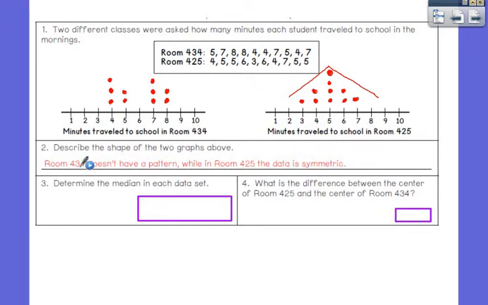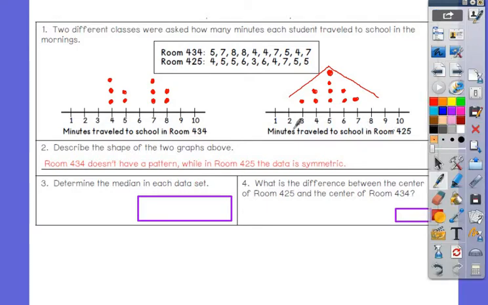Number 3 says, determine the median in each data set. Median is your middle number. Alright, I'm going to change my color pen here. Median, middle number. So I could sit here and cross out to find my middle number.